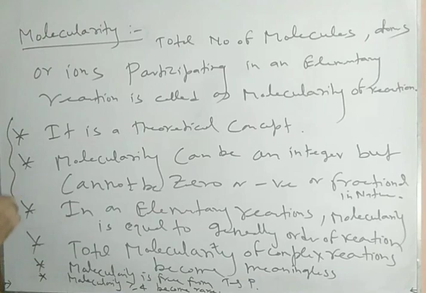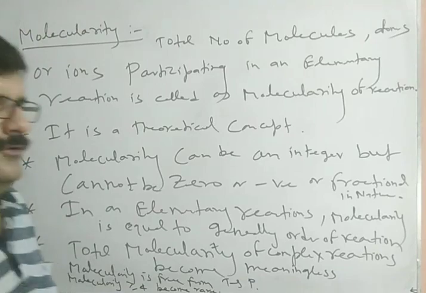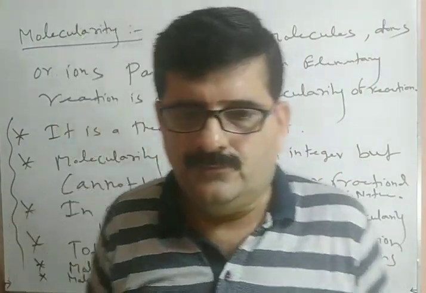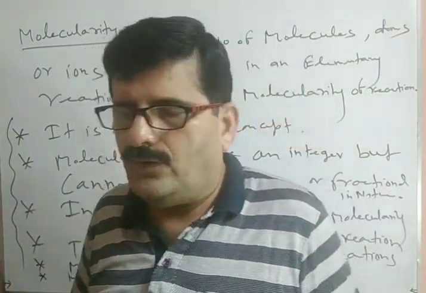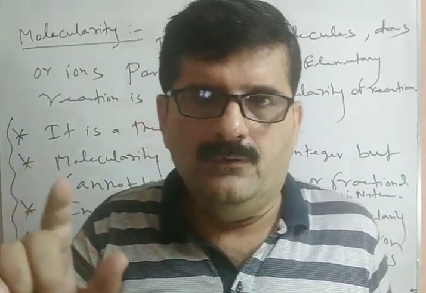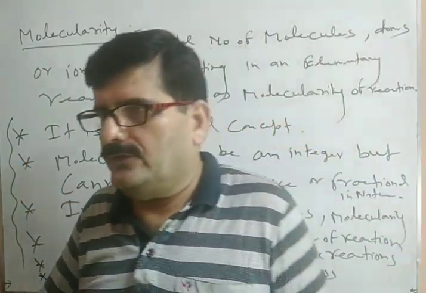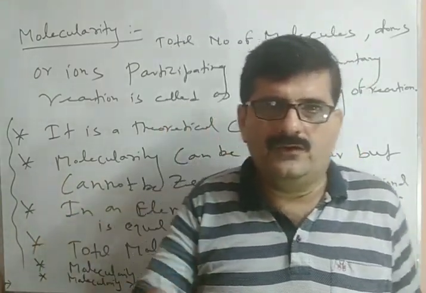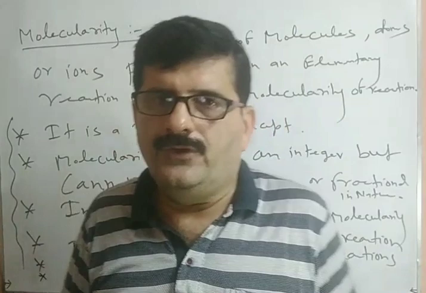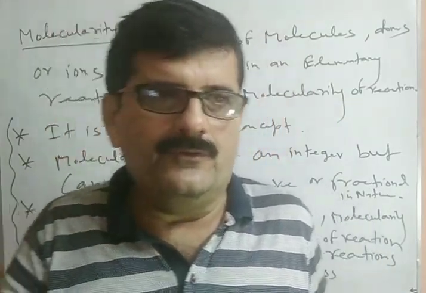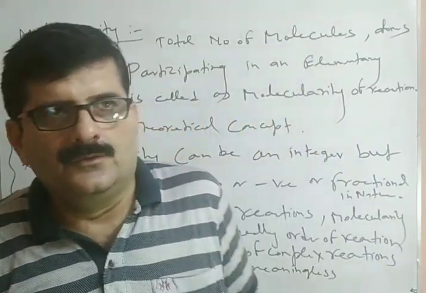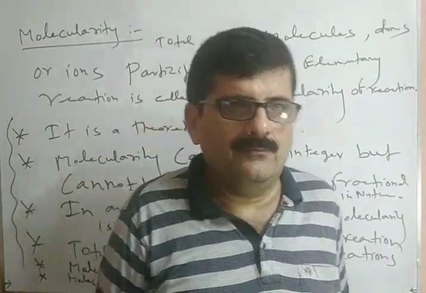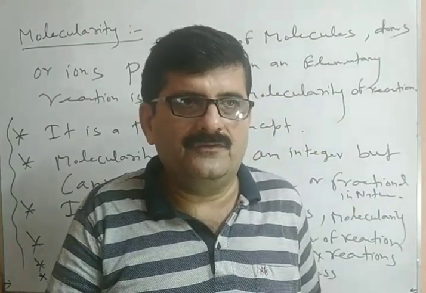Such are the characteristics of molecularity. One important question, always remember: what is the difference between molecularity and order of reaction? The most important difference is that order of reaction is an experimental fact, whereas molecularity is a theoretical concept. Order can be determined with the help of the rate expression, but molecularity can be found out when the mechanism is given.